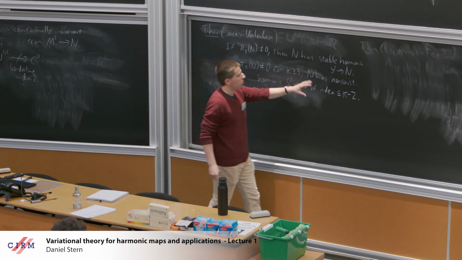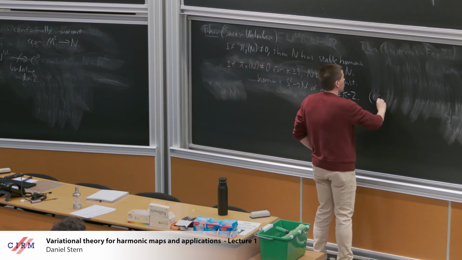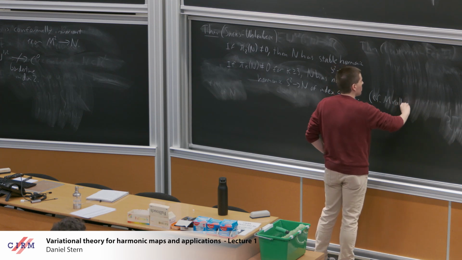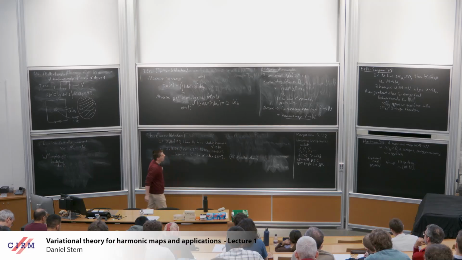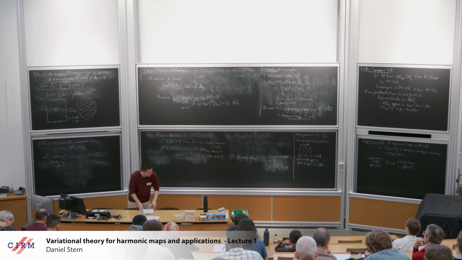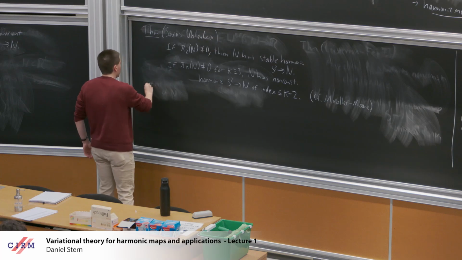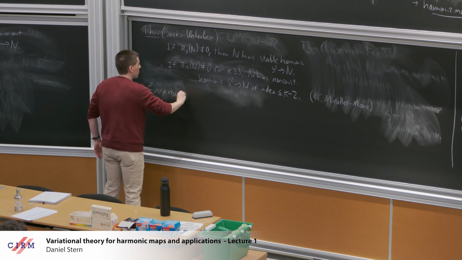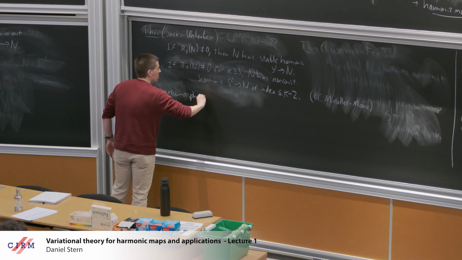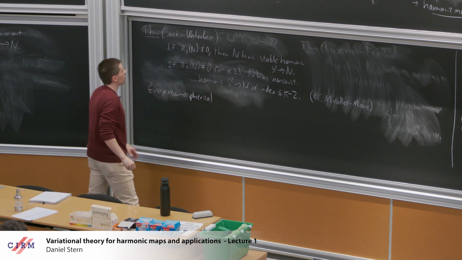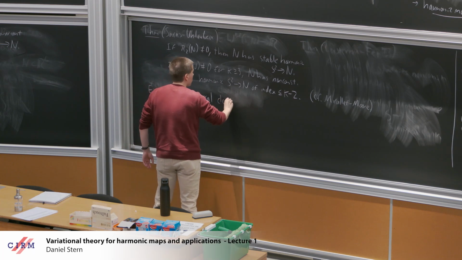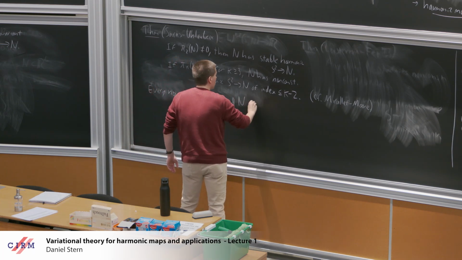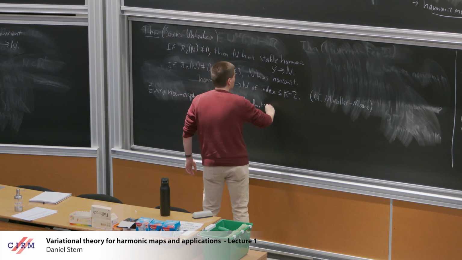So this part was famously exploited by Micallef and Moore in their proof of the sphere theorem for positive isotropic curvature. Okay, so summarizing, every non-aspherical, so everything that has some higher homotopy group beyond pi 1, every non-aspherical closed target n admits a harmonic, or if you like, a minimal two-sphere.